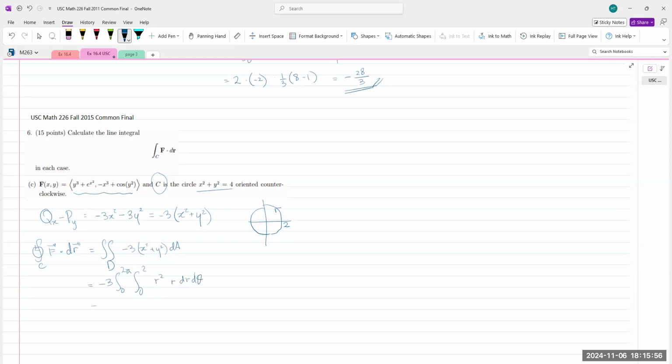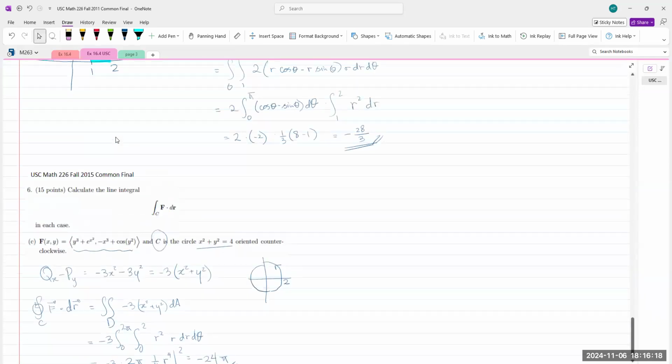Independent of theta, so that's negative 3 times 2 pi times 1/4 r to the 4th from 0 to 2. That's 4, so that's negative 24 pi.